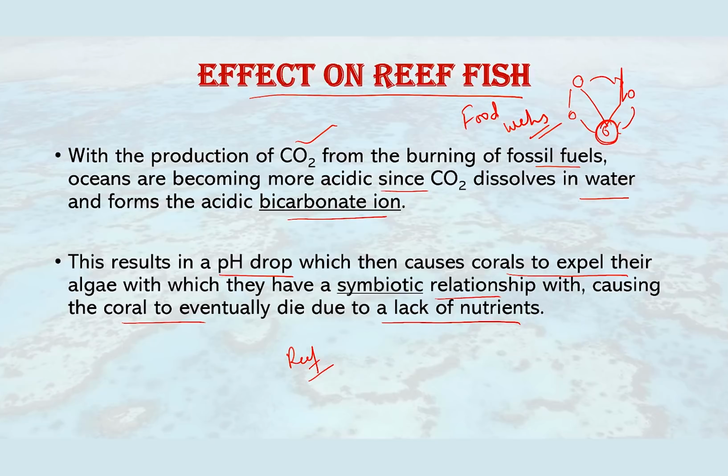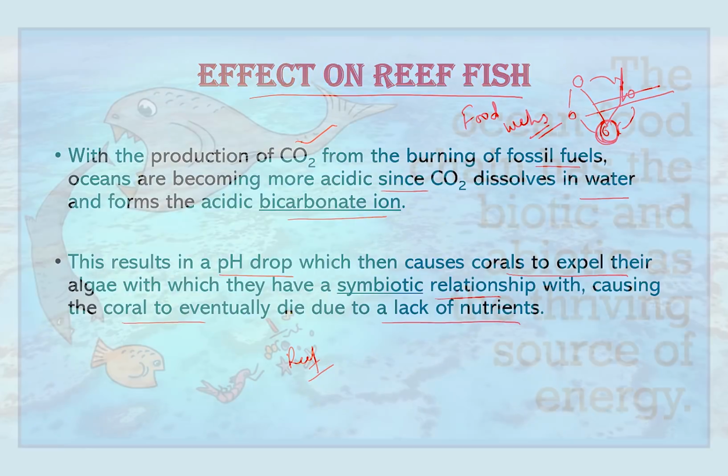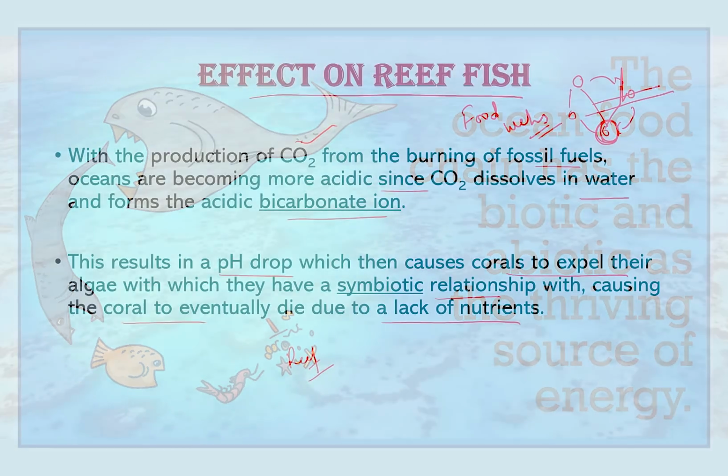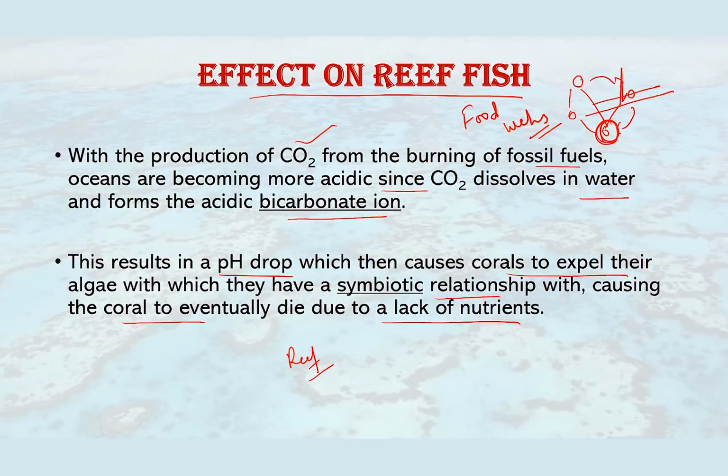So if at one level there is some disruption, the whole food web will collapse. If such an extinction event occurred in our oceans, it will greatly affect humans since much of our food supply is reliant on fish and other marine animals.